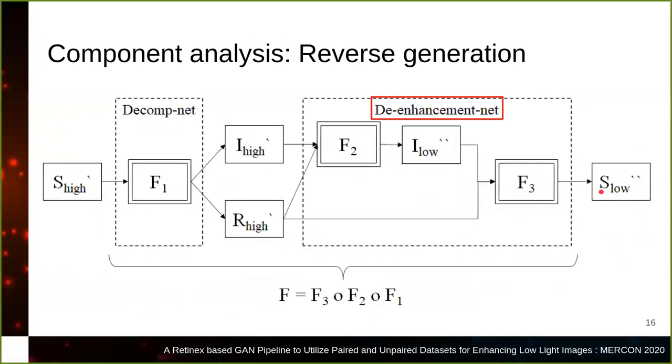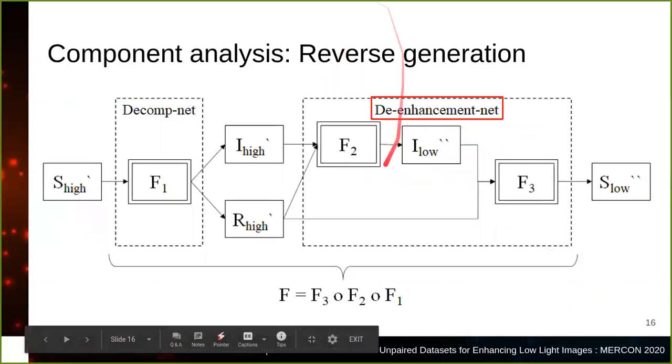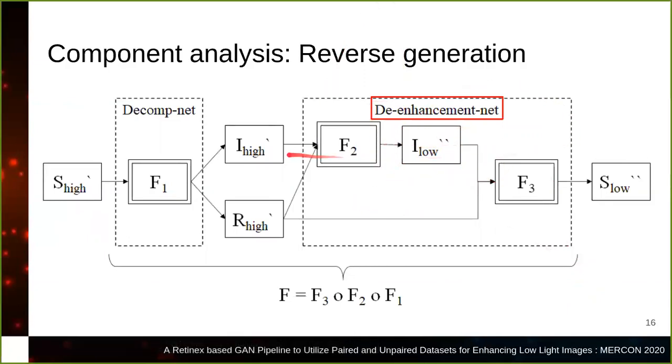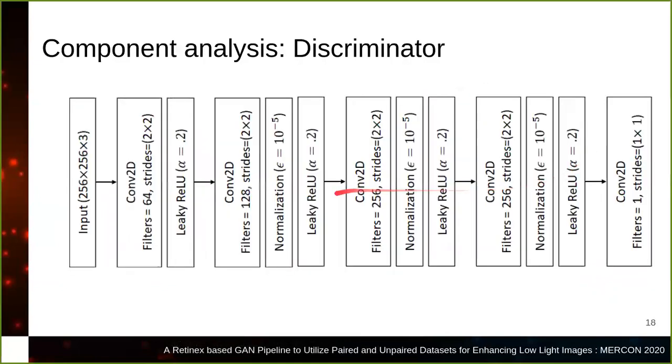Then you have the de-enhancement, the reverse generation. That's more or less the same, except for the functions used to de-enhance the illumination map. We also have a discriminator, which, given an image, finds whether it's an actual well lit image or an enhanced well lit image, or whether it's an actual low lit image or a de-enhanced low lit image.